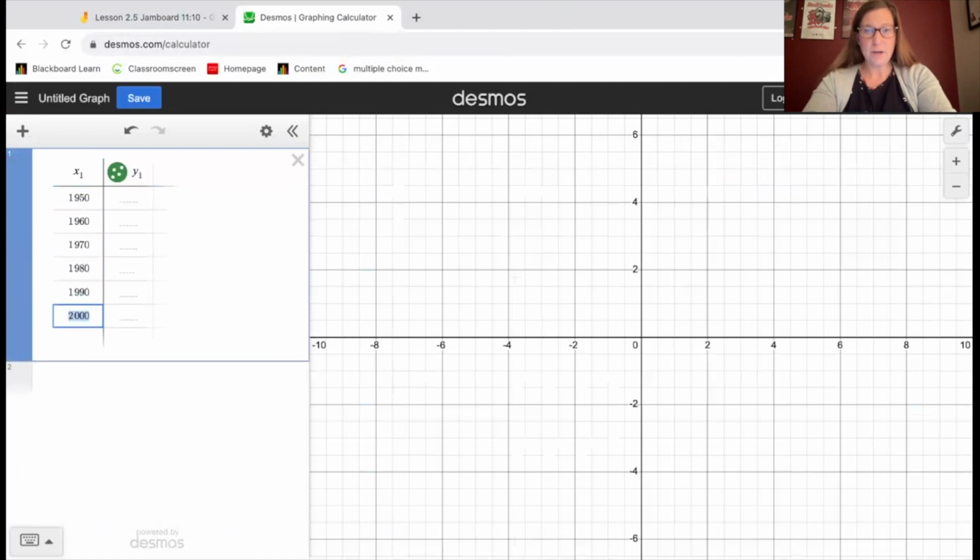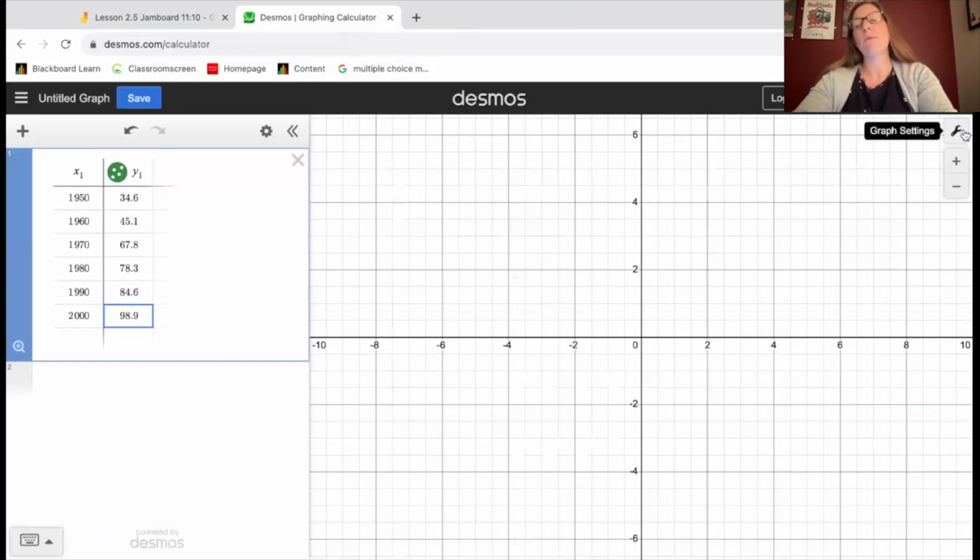You'll see it auto advances for us. And then on my Y values, I'm going to put in the energy consumed in quadrillions. All right. Now I notice that I don't see my graph on the right-hand side, my numbers.